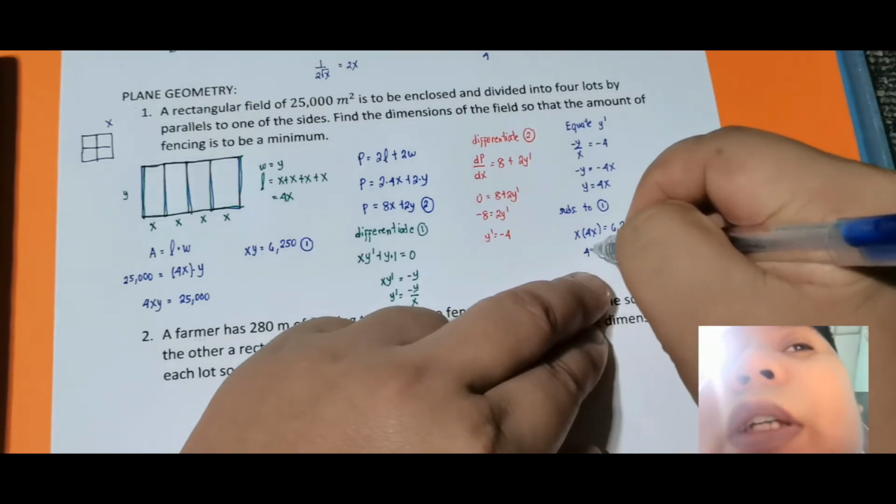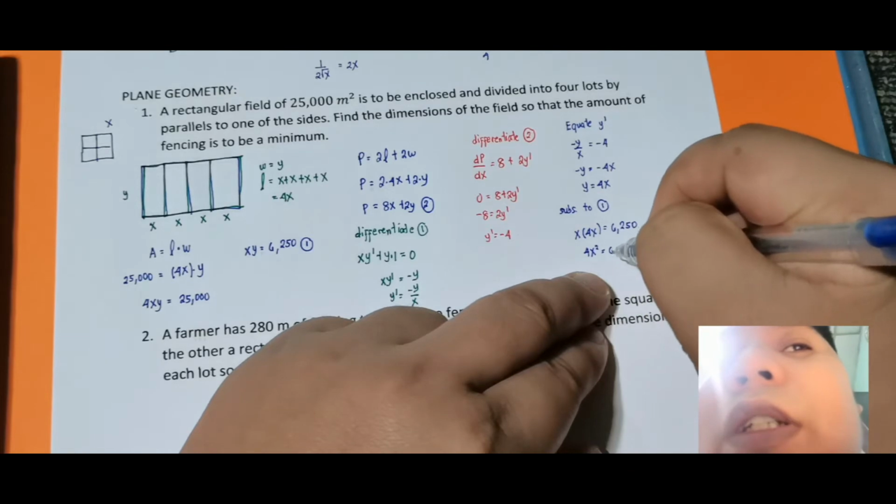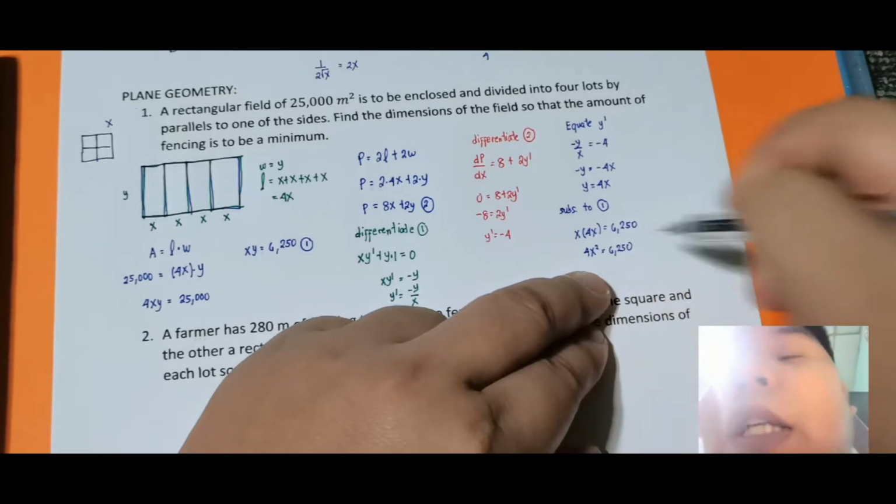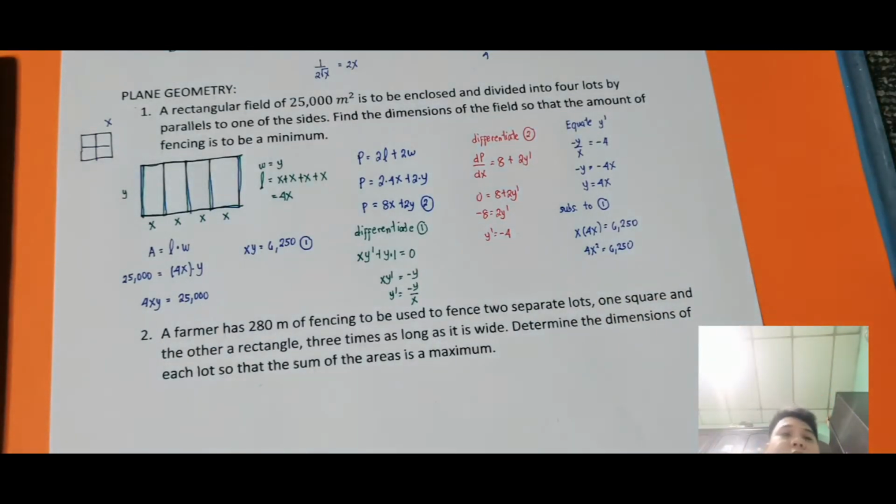Or this is just 4x squared is equal to 6,250. And divide both sides by 4. Okay, so that is simply, and square natin, so syempre 6,250 divided by 4, that is just equal to, tapos kunin ko yung square root.